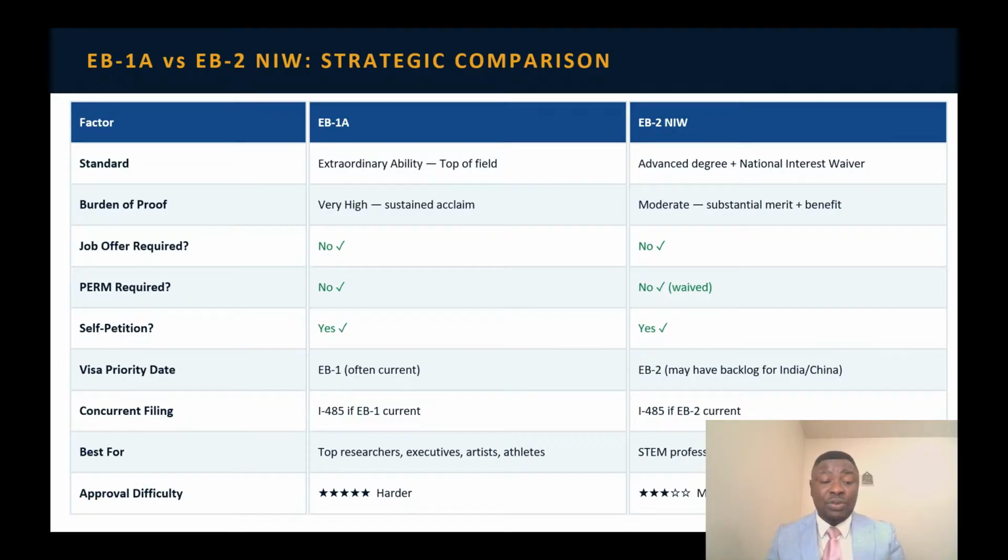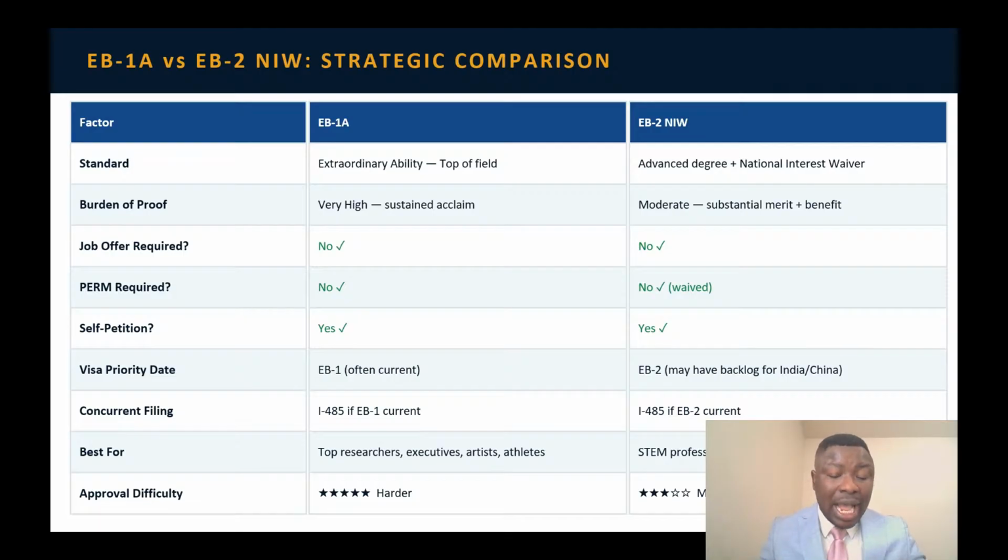Who is EB1 for? For top researchers, executives, artists, athletes, high achieving professionals. Who is EB2 for? For STEM professionals, scholars, entrepreneurs, people in the humanities, and so on. Now, when it comes to approval, it is more difficult to get EB1 approved than it is to get EB2 approved.